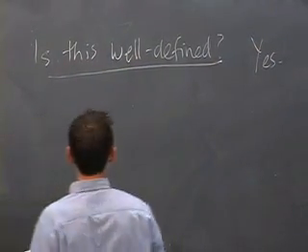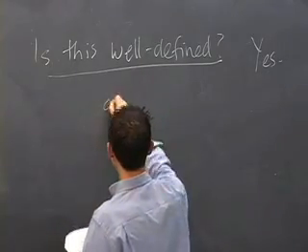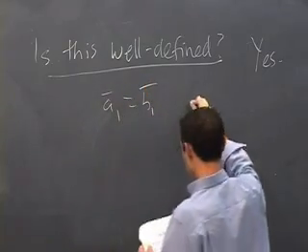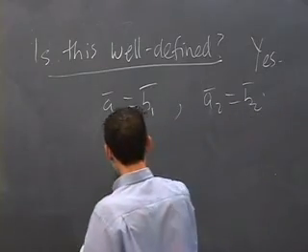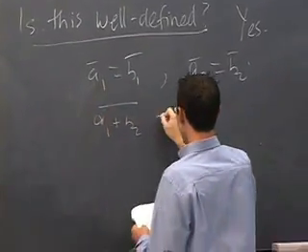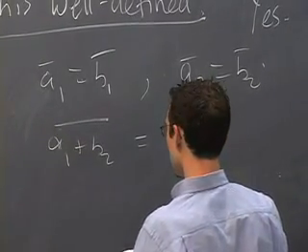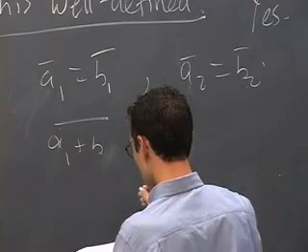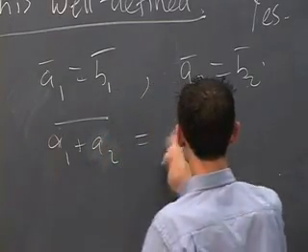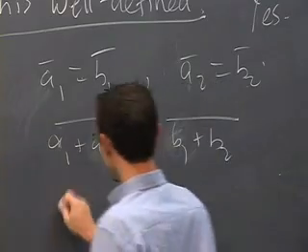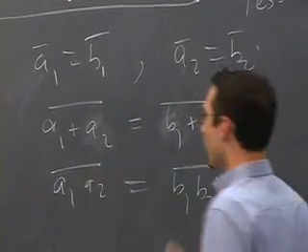And so, just to make this completely explicit, if I have A1 bar equaling B1 bar and A2 bar equaling B2 bar, then A1 plus A2 bar is B1 plus B2 bar, and likewise A1 A2 bar is B1 B2 bar.